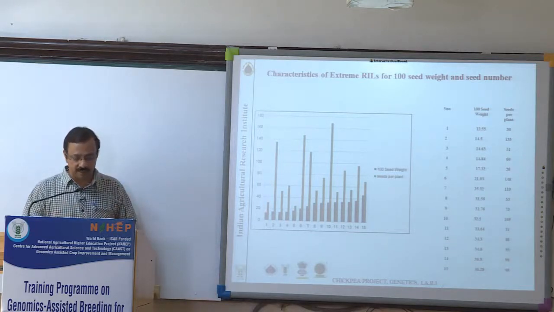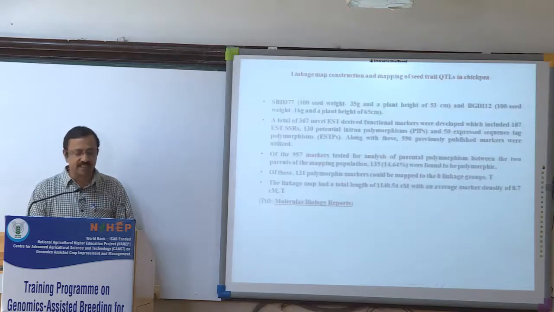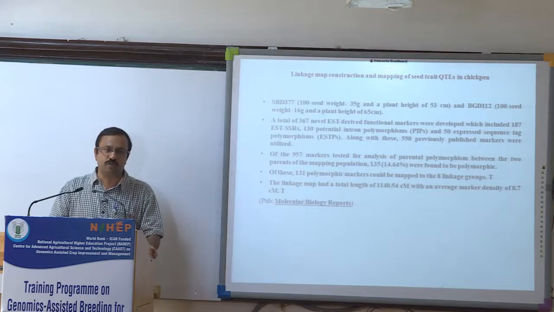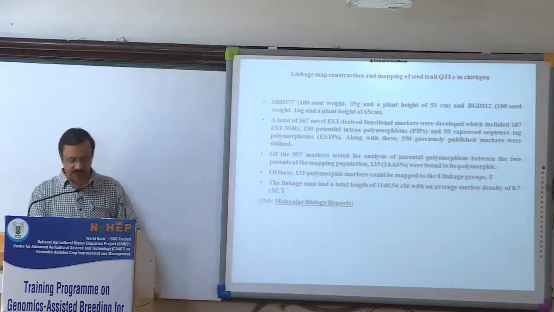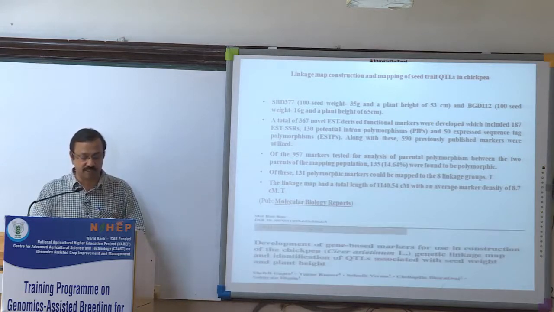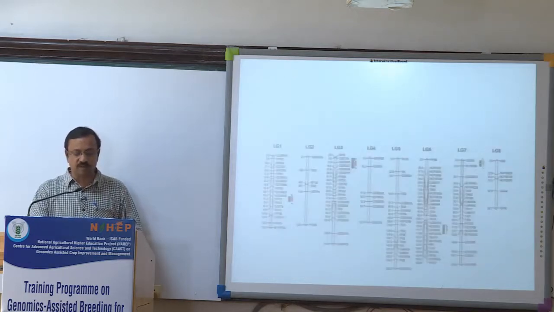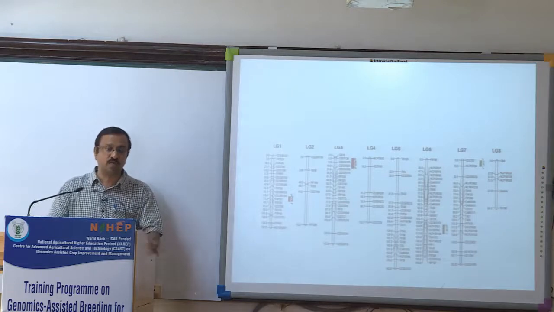a particular line. So we started characterizing these RILs, and we constructed a dense map, which had almost 957 markers. Again, we published this in Molecular Biology Reports, and now we have chromosomes because we have a consensus sequence, a draft genome sequence.